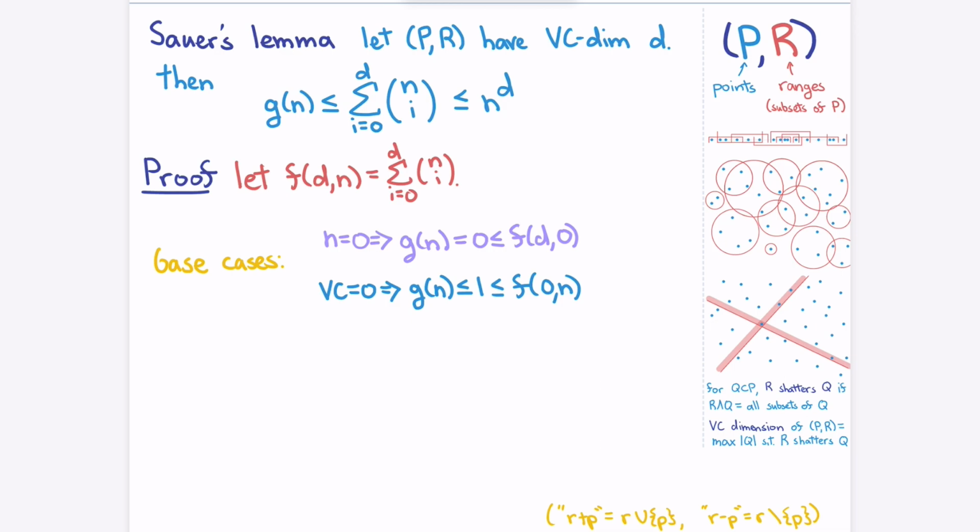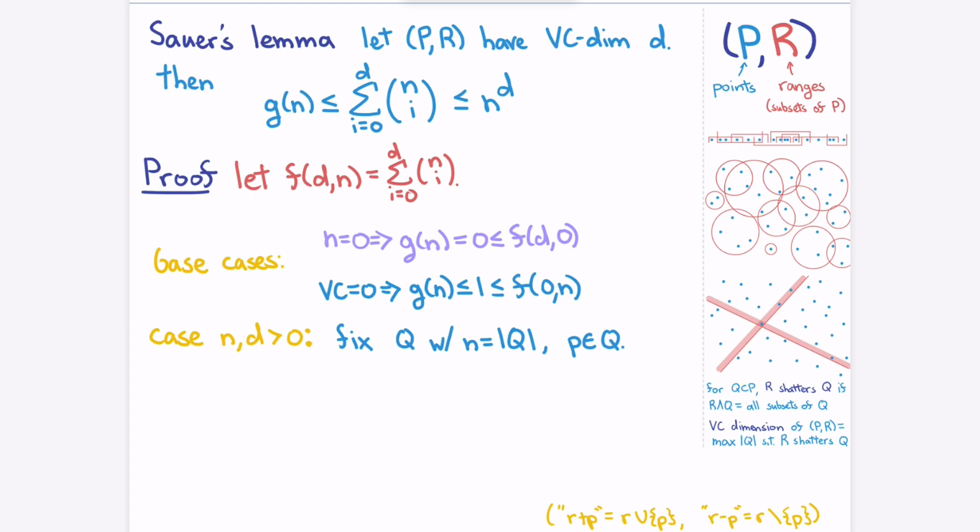Okay, so now the interesting inductive step requires this really funny thing. I'm looking at a general n and larger d. So I'm going to fix a set of n points, and I'm going to pick out one point p in this set.